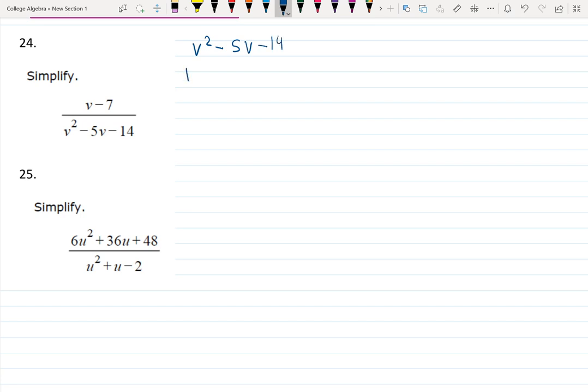Well, in my previous video I explained that I like using Vieta's theorem to find roots for quadratic equations. This theorem says that when you find the product of two roots, the product should be c, but c is minus 14, so that's the product, minus 14.